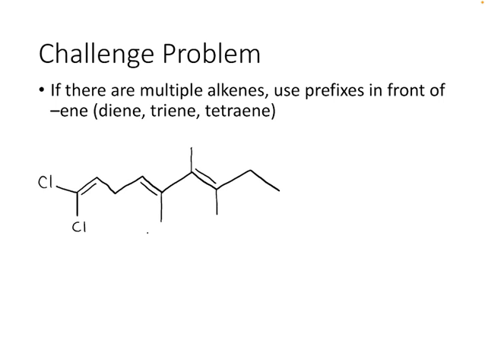If you have 3, that would be triene. And if you have 4 alkenes in the chain, that would be tetraene. I do recommend putting the numbers in front of the diene or triene or tetraene. That'll be a little bit easier to write out.